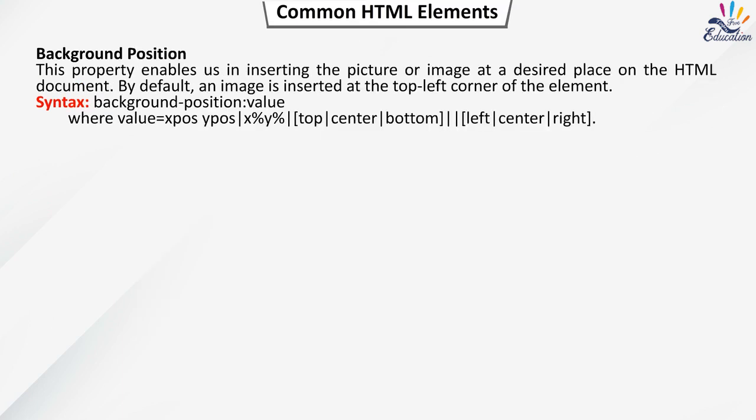Background position. This property enables us to insert the picture or image at a desired place on the HTML document. By default, an image is inserted at the top left corner of the element. Syntax: background-position: value, where value is equal to xpos ypos, x% y%, top, center, bottom, left, center, right.